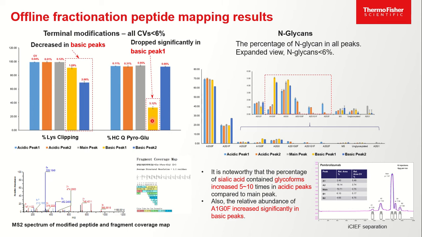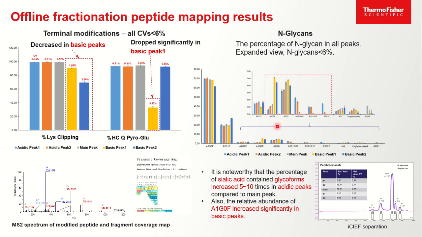In basic peak 1, only around 30% pyroglutamate cyclization was detected, while 94% in the main peak, 92 to 96% in both acidic peaks, and 93% in basic peak 2 were detected. Below is a high-quality MS2 spectrum of a modified peptide and the fragment coverage map.